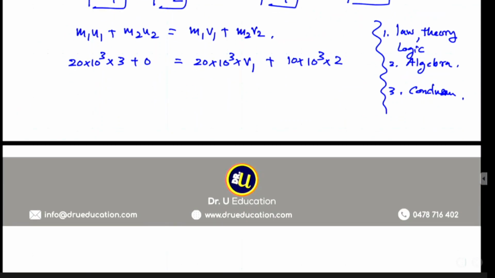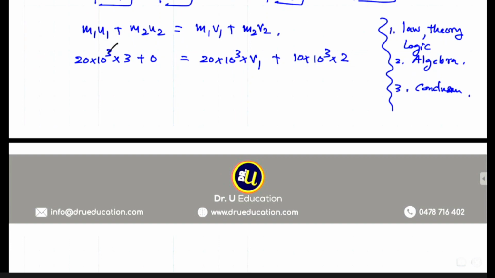So now I can see 10 to the power 3, 10 to the power 3, 10 to the power 3 gone. So I get 60 from here, 20 from here, 20 from here. So it's going to be 40. So v1 is equal to 40 divided by 20 is going to be 2 m/s minus 1.